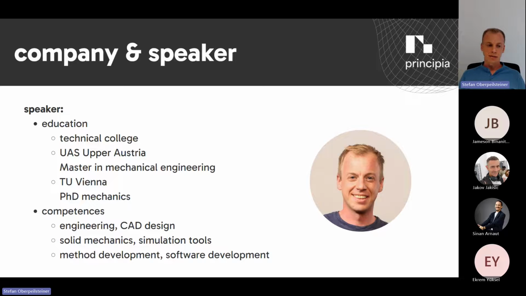I have knowledge in solid mechanics and simulation tools in general, but very specific in the field of multi-body dynamics, and I'm into method development, and also I did many projects in the area of software development. So the kernel of Principia MBS is basically my baby. So I'm into software development too.